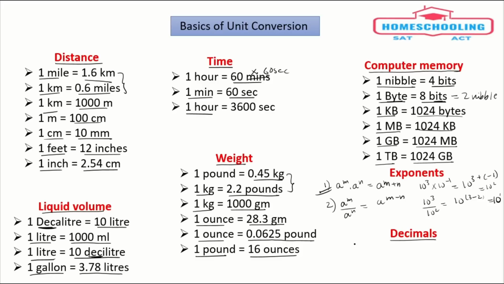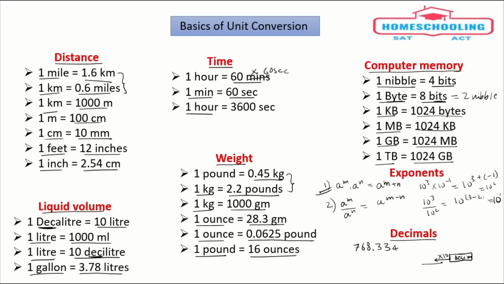Let's say 768.334. So we have a decimal here. So the concept here is, whenever a decimal is given, whenever you move this decimal one position on the left side, you will multiply the whole thing by 10.